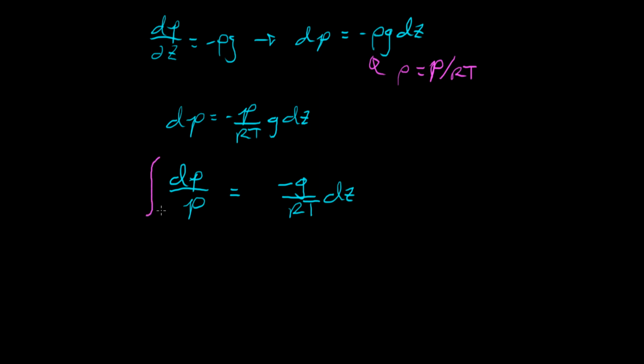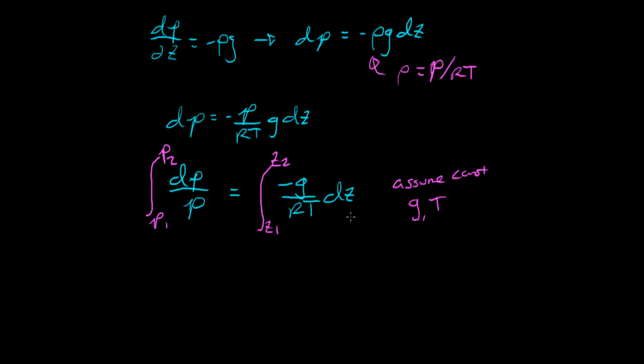So we're going to integrate this side from p1 to p2. We're going to integrate this side from z1 to z2, and we're going to assume constant g and T. R always is constant because that's from the ideal gas equation of state.